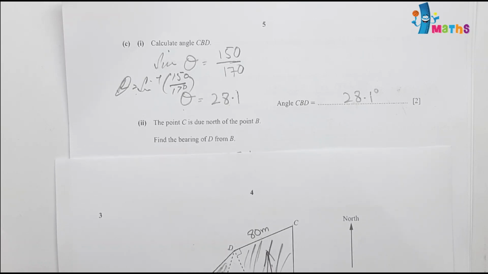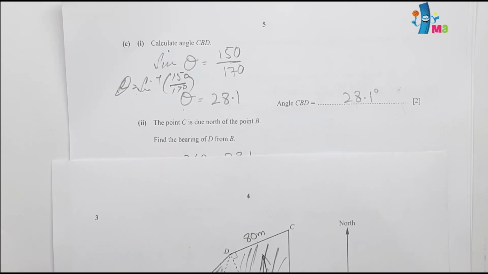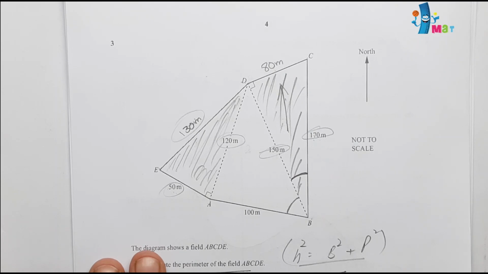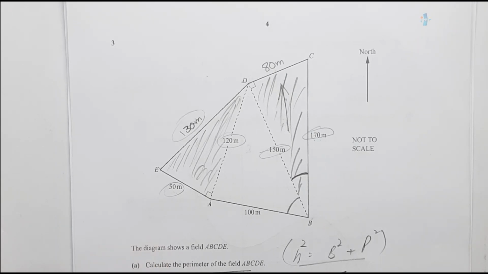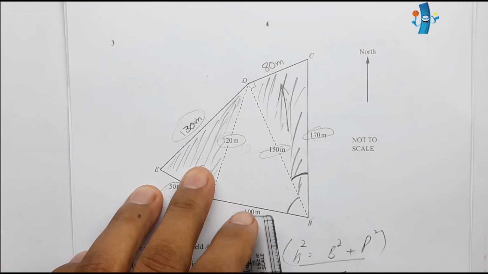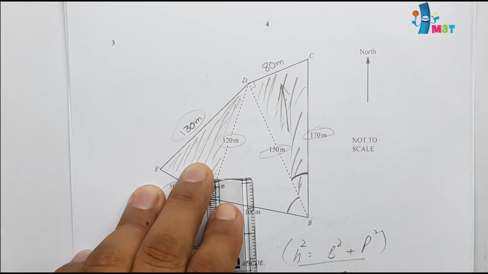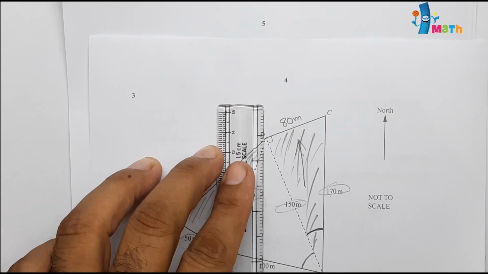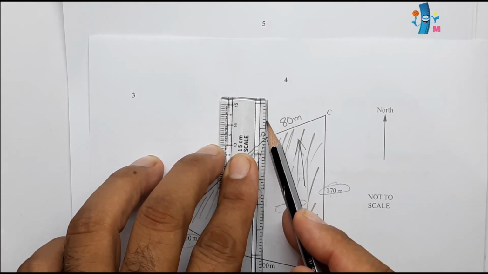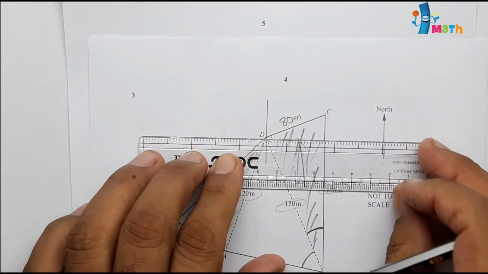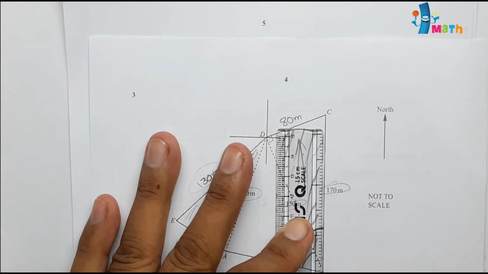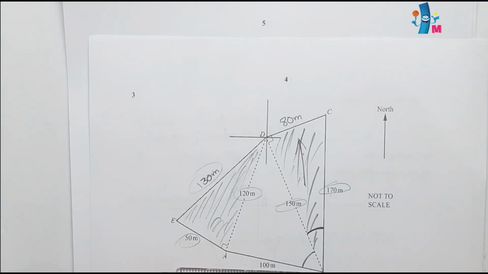So point C is due north of the point B. Find the bearing of D from B. So we need the bearing of D from B. If we draw north south on this D, and from B, we will get north south over here as well.